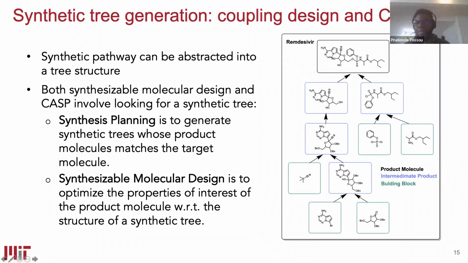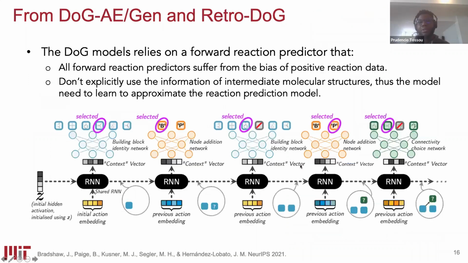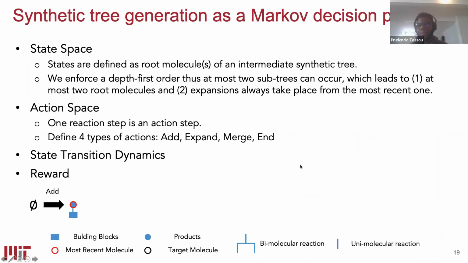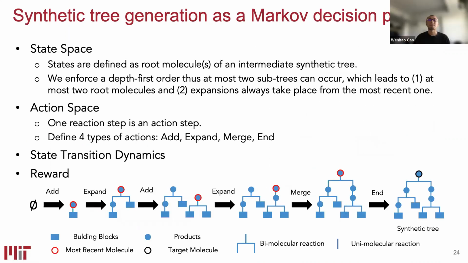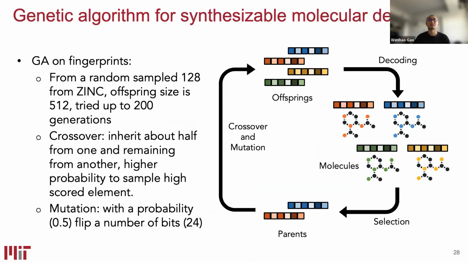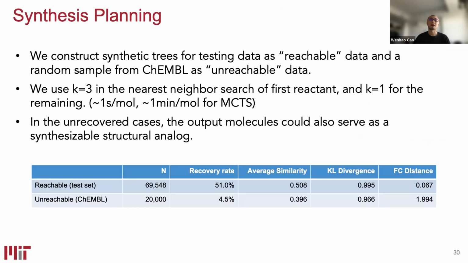Julian was asking how sensitive the recovery rate is, in the reachable case, to the setting of K for the reactant search. So I guess he was talking about the beam search if you increase K. Currently I'm just using K larger than 1 in the first reactant search, because, as I mentioned, the first reactant search is the bottleneck currently.